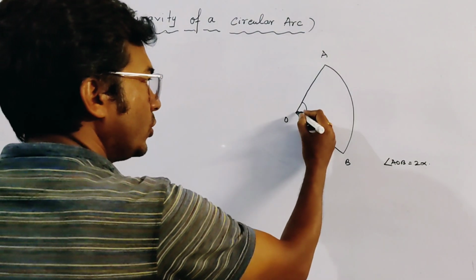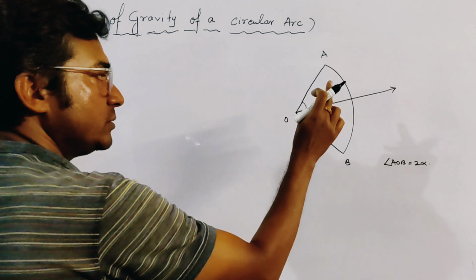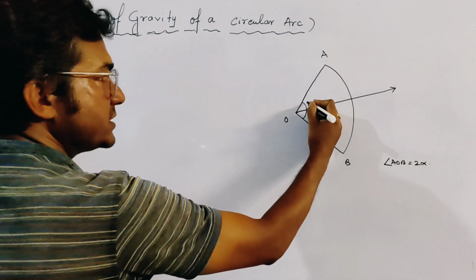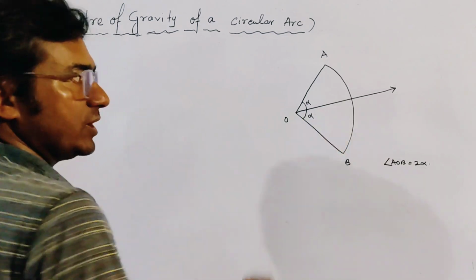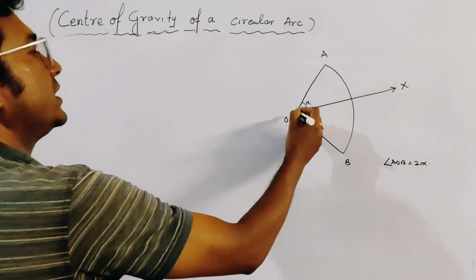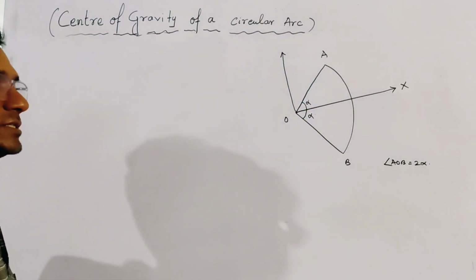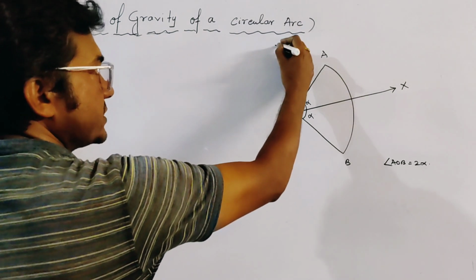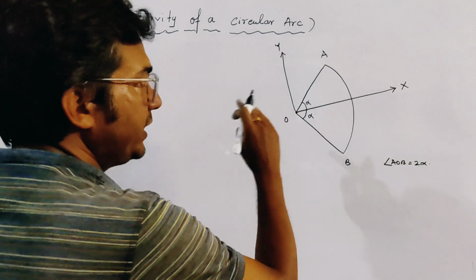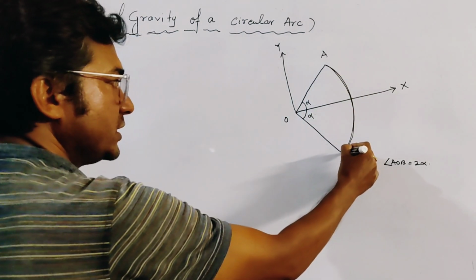And we draw a line in such a way that it bisects the angle 2 alpha. That means this angle is alpha and this angle is also alpha. Let it be the x-axis. And the perpendicular through O to OX is taken as the y-axis. Now we have to find the center of gravity of the circular arc.